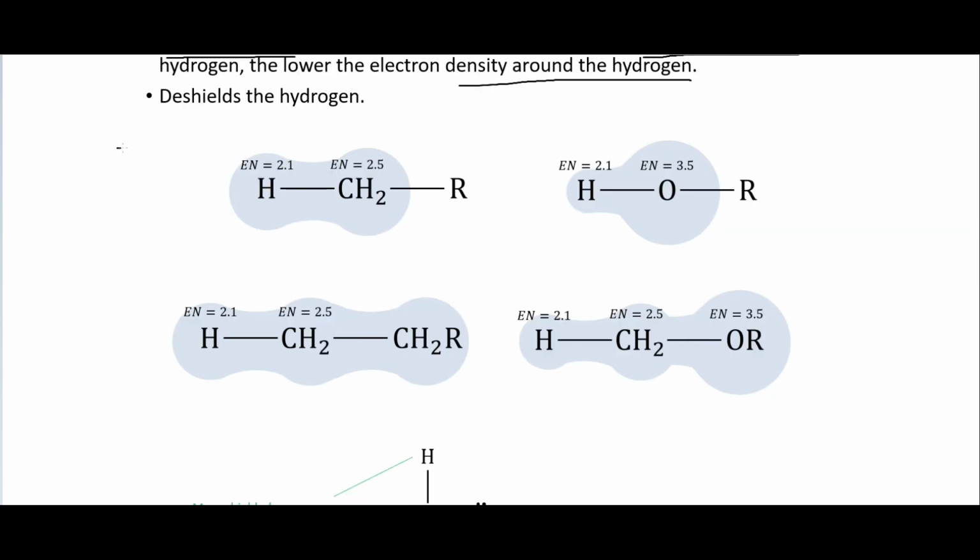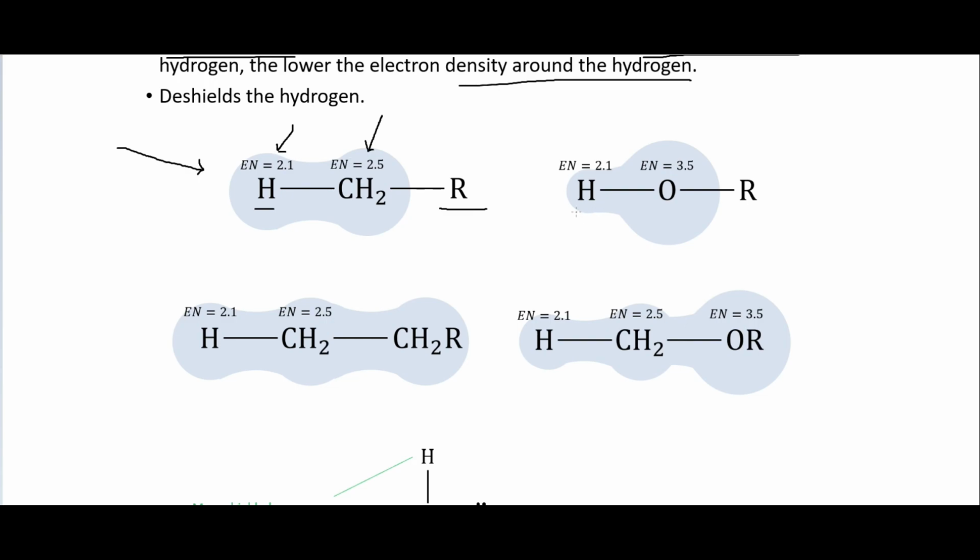If we just have this methyl group here with this hydrogen, and we say this is bound to some hydrocarbon chain here, the carbon has an electronegativity of 2.5, the hydrogen 2.1, so there is very little difference there.